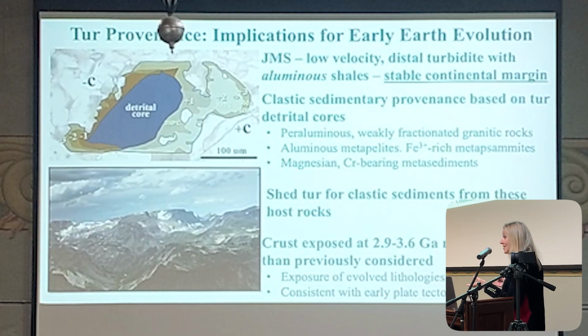So what this tells us is that the rocks that were exposed from 2.9 to 3.6 billion years and that were weathering away at the surface to dump sediments into this basin had to be very evolved. They were aluminous, they were granitic, and that supports the idea of early plate tectonics.